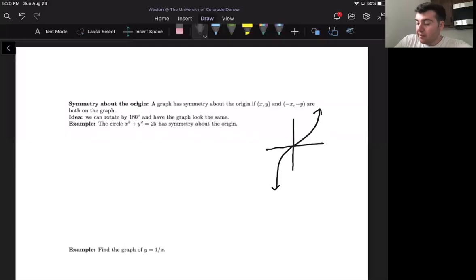That looks like this, where it's not symmetric with respect to either the y-axis or the x-axis. But if we rotated by 180 degrees, so that's a half circle rotation, then the picture looks exactly the same.